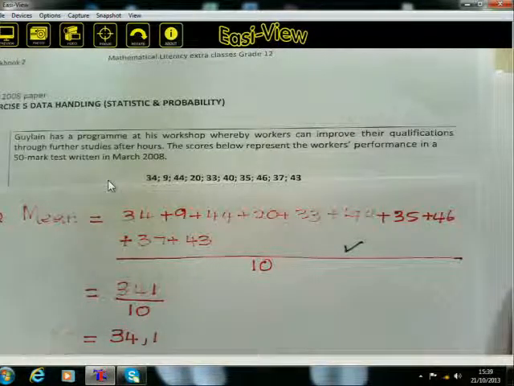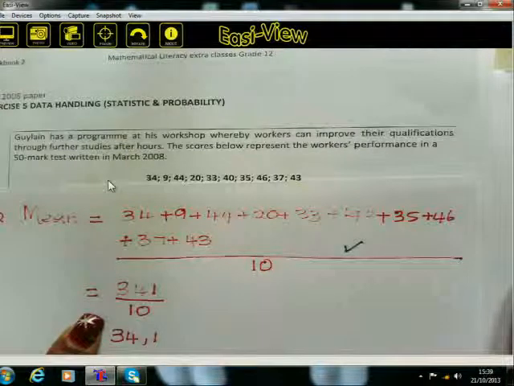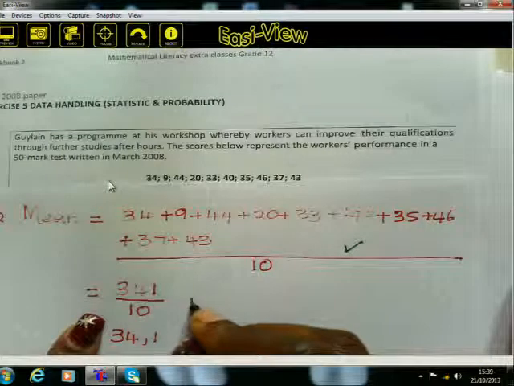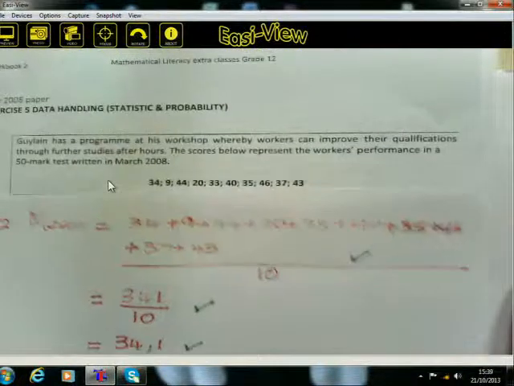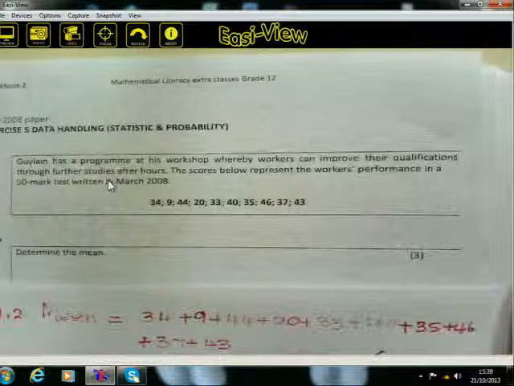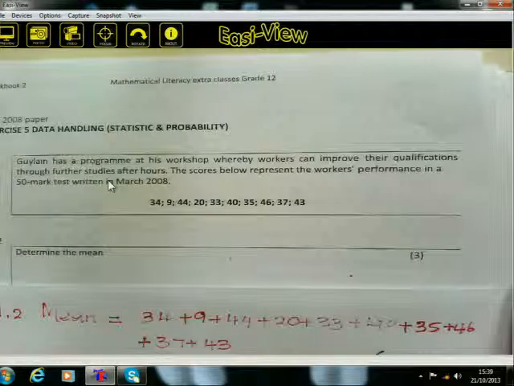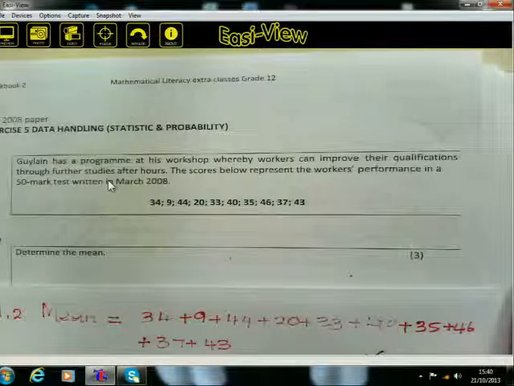Then for the second step, 341 divided by 10 is also a mark. Then for arriving at your answer is also a mark. So let us check your question 1.1.2. That question was allocated 3 marks. So as you know, the instructions of mathematical literacy normally say that you show all your steps.